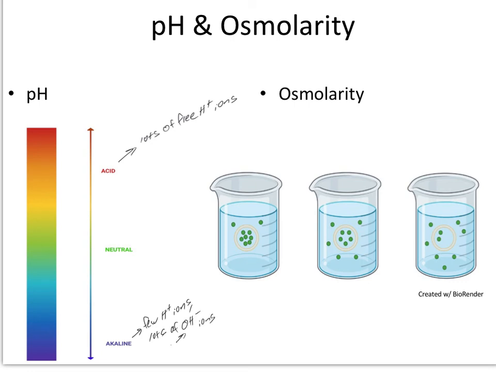OH stands for hydroxyl. And the way the scale works is anything with a pH below 7 is considered an acid. Anything with a pH above 7 is considered a base.